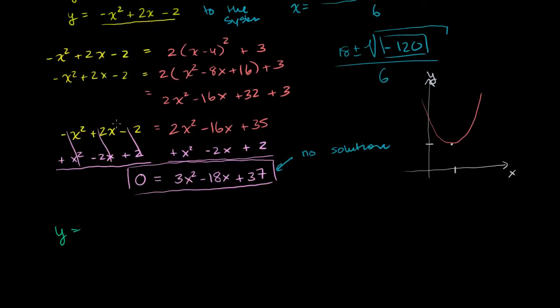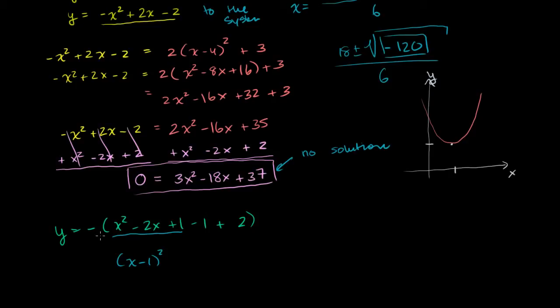So y is equal to, we could factor out a negative 1, negative of x squared minus 2x plus 2. And actually, let me put the plus 2 further out. Then we could say, okay, half of negative 2 is negative 1. You square it, so you have a plus 1 and then a minus 1 there. And then this part right over here, we can rewrite as x minus 1 squared.